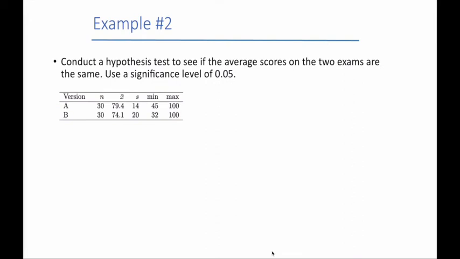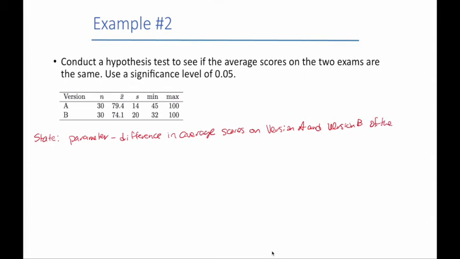So, our 4-step process, we state the parameter, which is the difference in average scores on version A and version B of the exam.